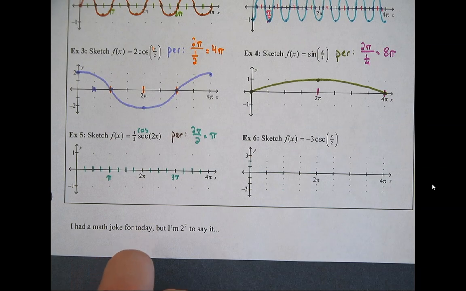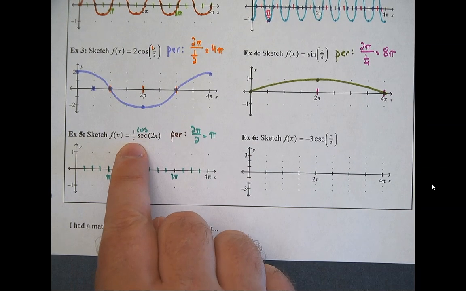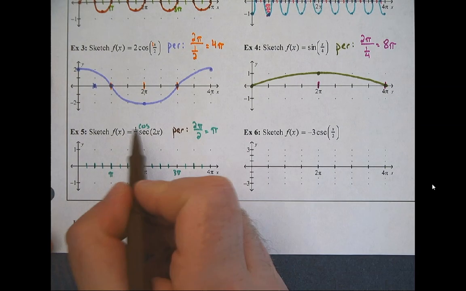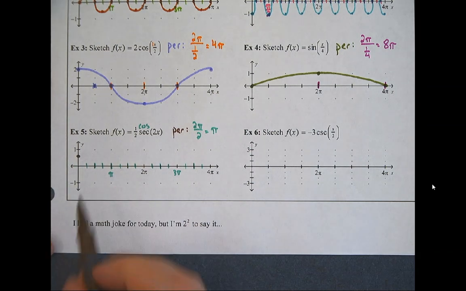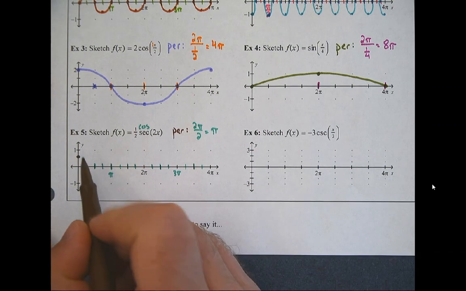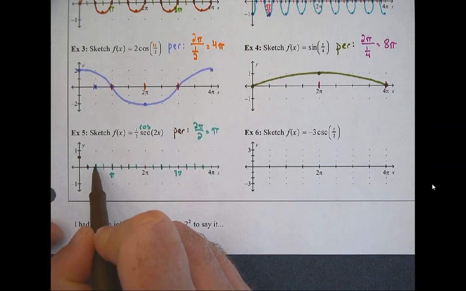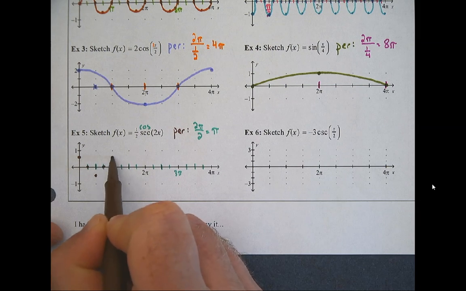Now I'm going to sketch the graph of cosine with a multiplier of 1/2. So cosine starts up at 1, but it's getting multiplied by 1/2. So here's my first point. Then we go to 0. Now I can go ahead and just sketch it. 0, then -1, then 0, and then 1.